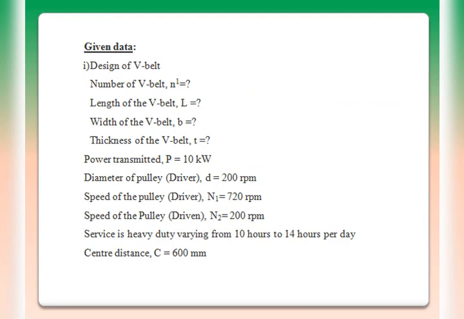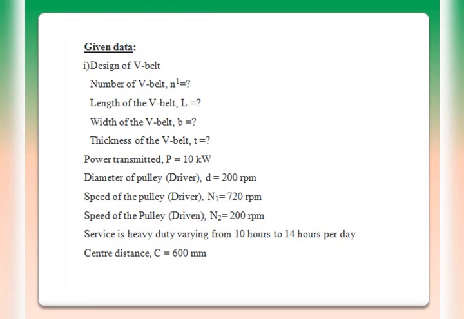Next, the V-belt transmits 10 kilowatt of power. So power to be transmitted is 10 kilowatt from a pulley of 200 diameter mounted on an electric motor. The motor is nothing but the driver, which is rotating at a speed of 720 rpm.